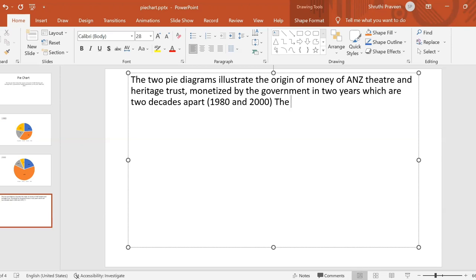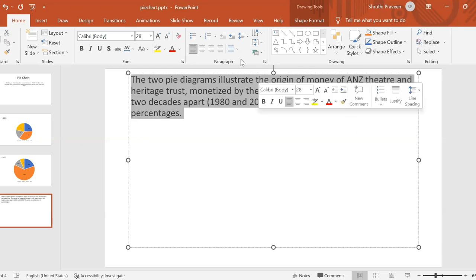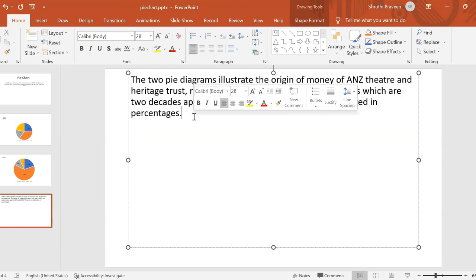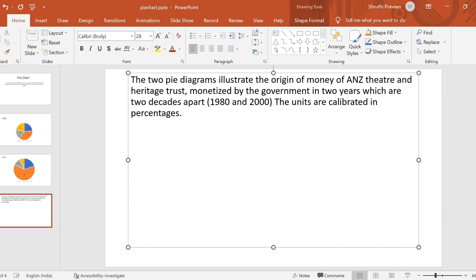I'm also going to write the units are calibrated in percentages. Okay? So, my first paragraph is over.